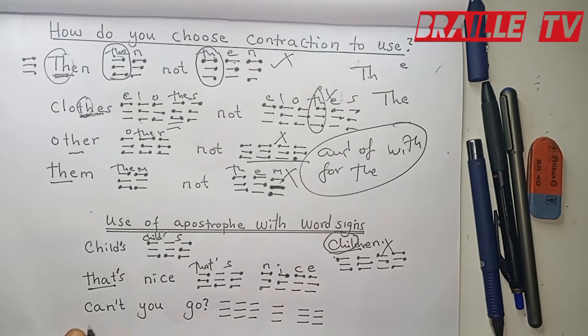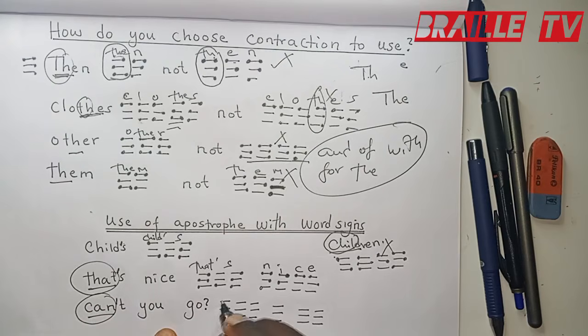"Can't you go?" Here you contract "can" because there is an apostrophe. But if there is no apostrophe, don't contract, because we said these are called simple upper word signs. We looked at them under simple upper word signs, and we said you contract them when no other letter is added to them.